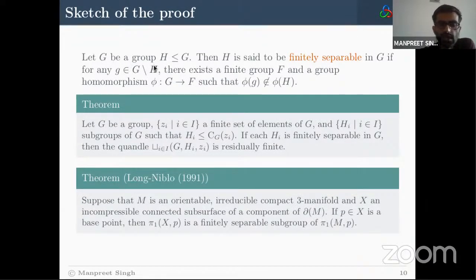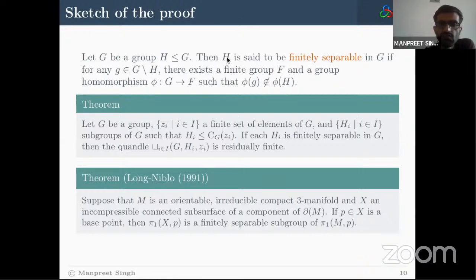Now let G be a group and H a subgroup of G. Then H is said to be finitely separable in G if for any element g in G which does not lie inside the subgroup H, there exists a finite group F and a homomorphism phi from G to F such that the image of g does not lie in the image of the subgroup H under phi. Note that this is an extension of relatively finite groups.